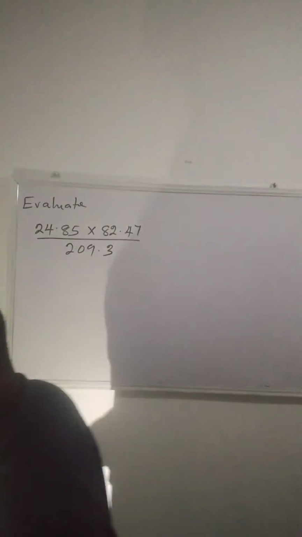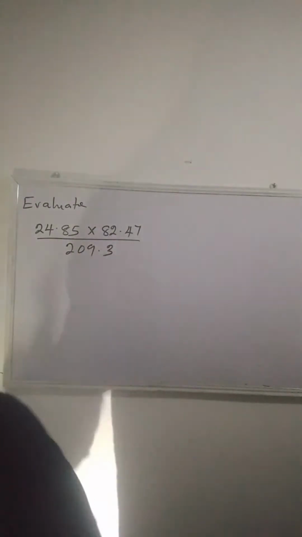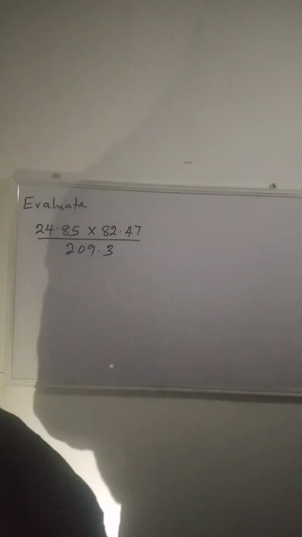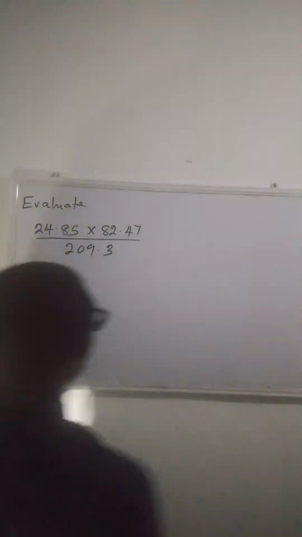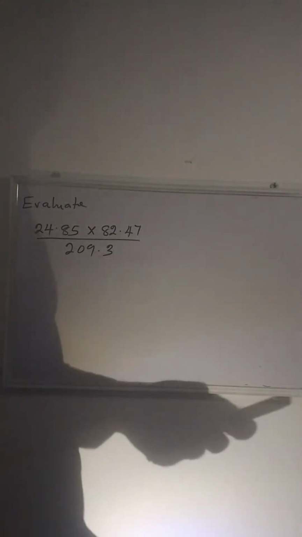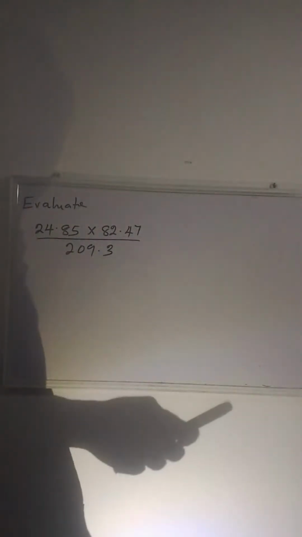Okay, so now let's solve this problem together. Let's see how we're going to do that. You are expected to evaluate this without using a calculator. How do we go about it?